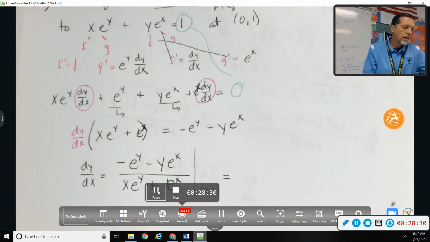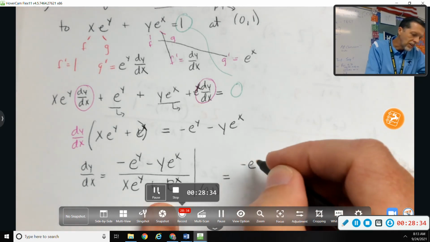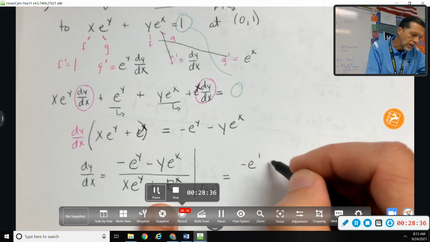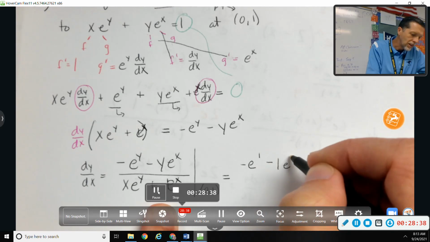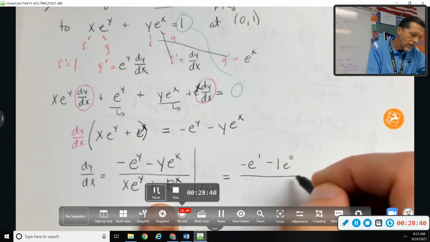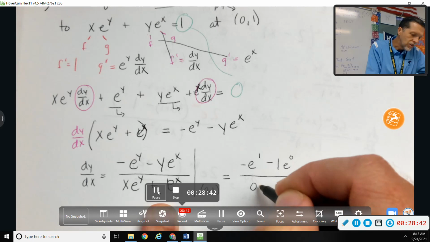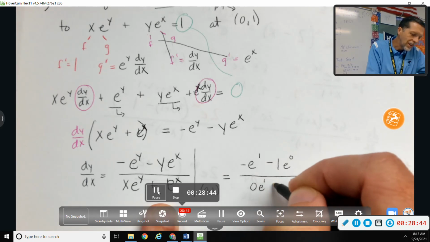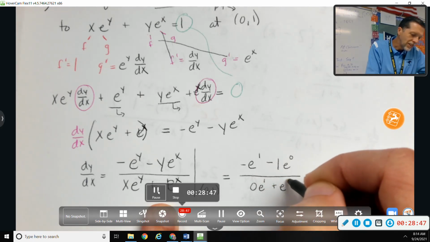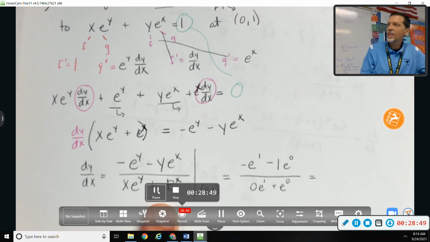Now I can plug in 0 and 1. So negative e to the 1 minus 1 e to the 0 all over 0 e to the 1 plus e to the 0. That's lovely.